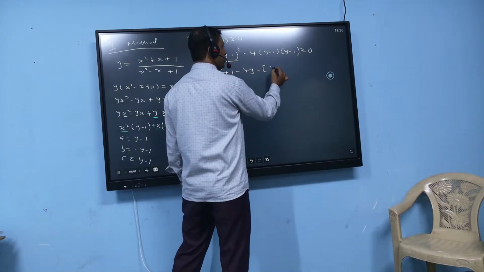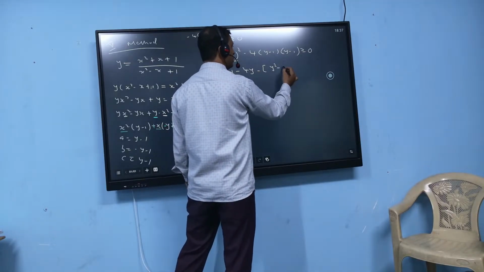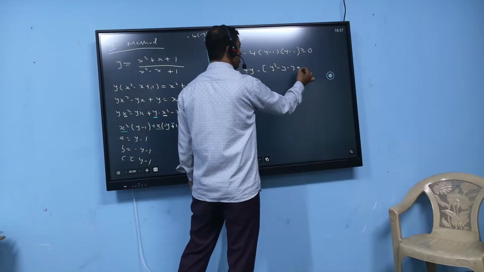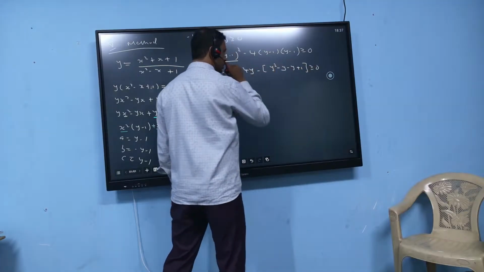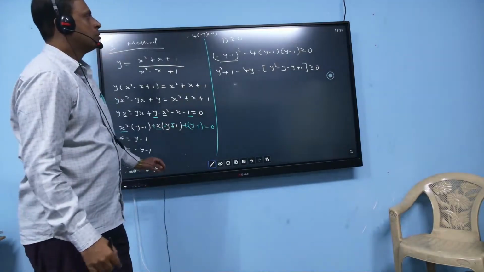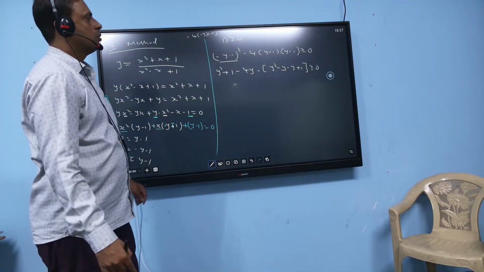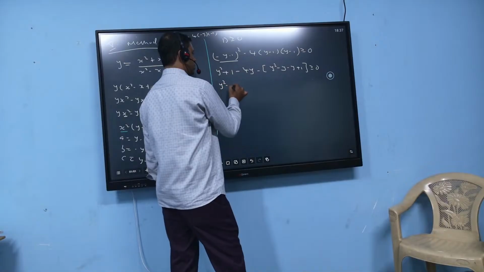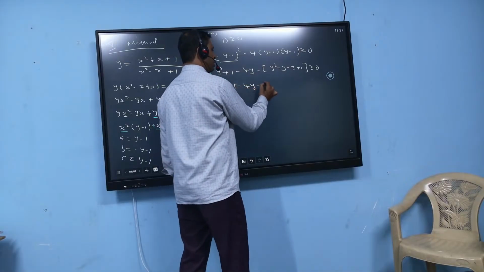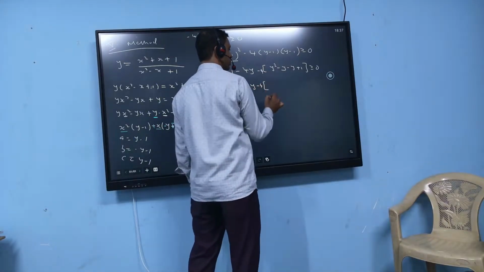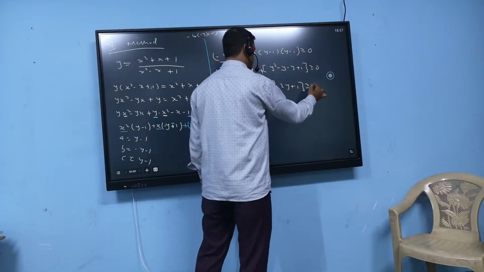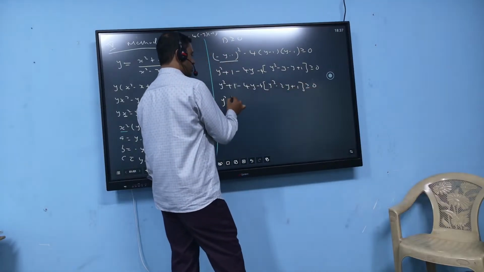So y squared minus y, again minus y plus 1. Correct? Y squared minus y, so minus 2y. Y squared plus 1 minus 4y minus 4 (y squared minus 2y plus 1).